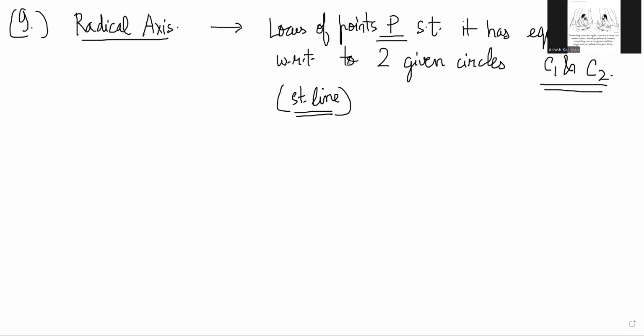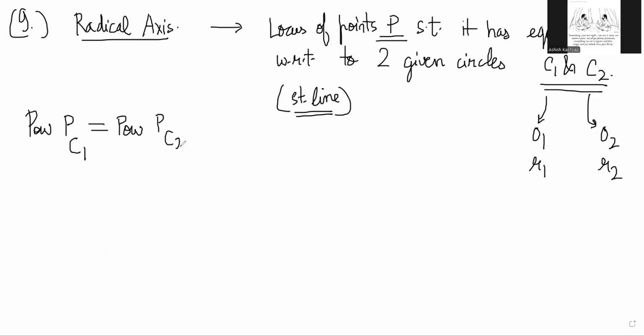Now, because it has equal powers, we can say the center of C1 is O1, the center of C2 is O2, the radius of C1 is R1, and the radius of C2 is R2. So the power of P with respect to C1 should equal the power of P with respect to C2. So O1P square minus R1 square should be equal to O2P square minus R2 square.